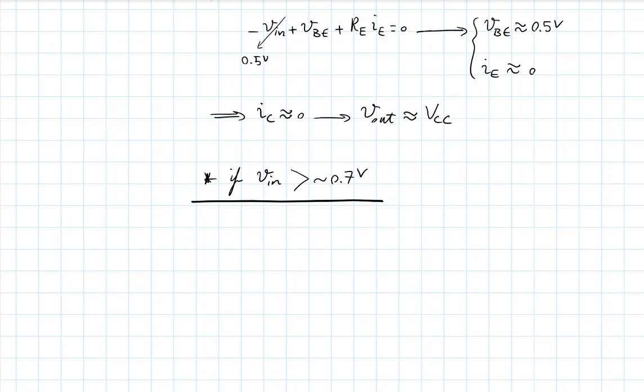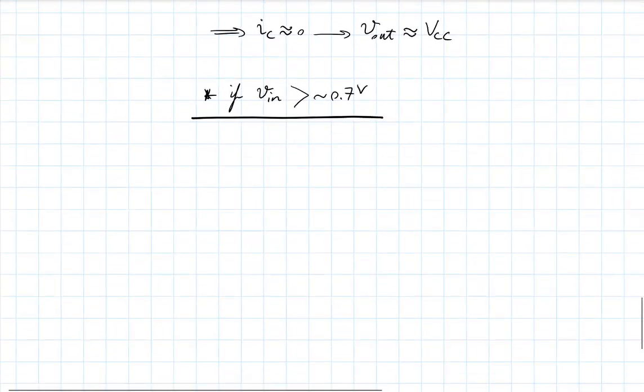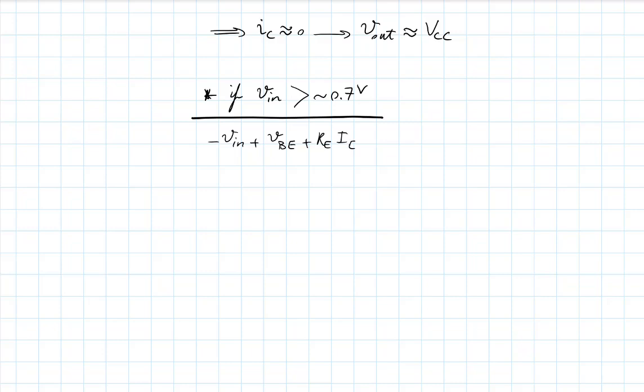For V in greater than 0.7, going back to that same equation, minus V in plus VBE plus REIE is 0. Now V in has become maybe 10 volts, whatever you have. And from here now you can do something interesting, because VBE will be somewhere around 0.7.